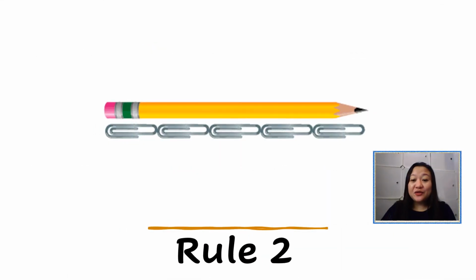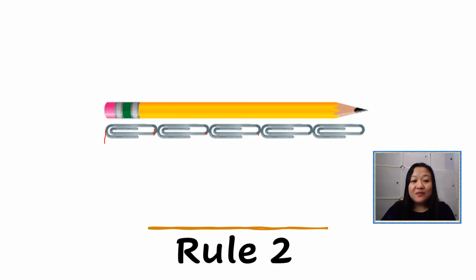Take a look at rule number 2. Over here, we measure a pencil using, what do you call this? These are paper clips. We use paper clips to measure how long is the pencil or the length of the pencil. Now, the paper clips are the same size, which is correct.